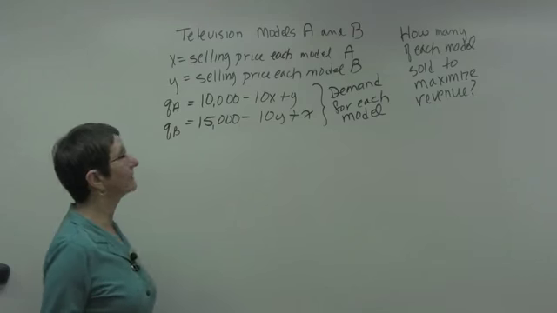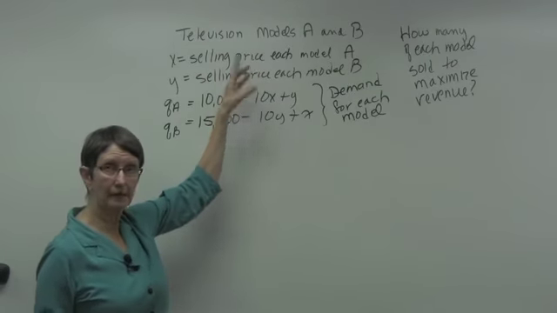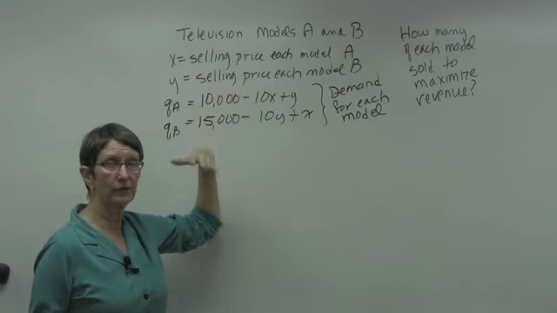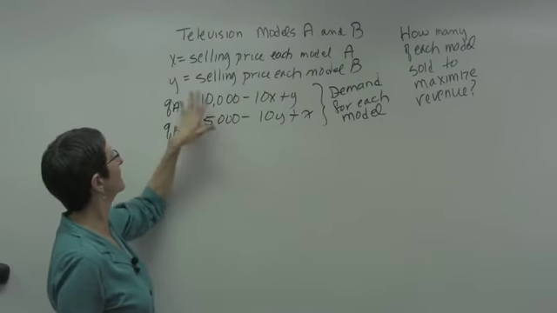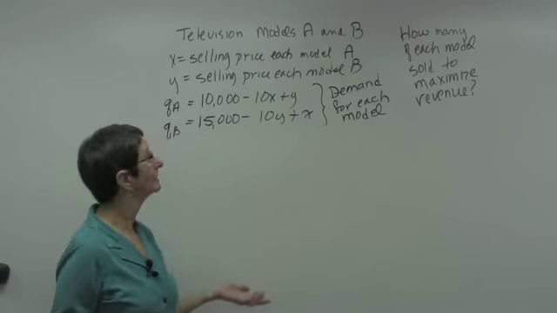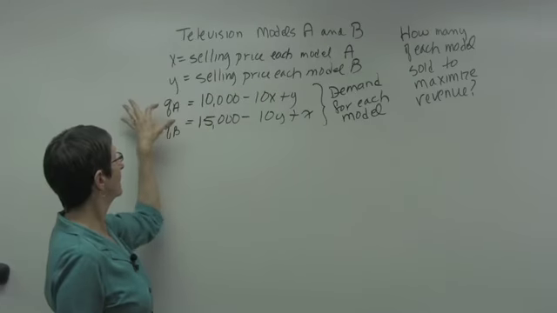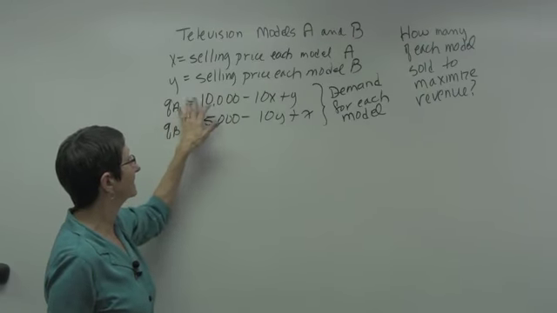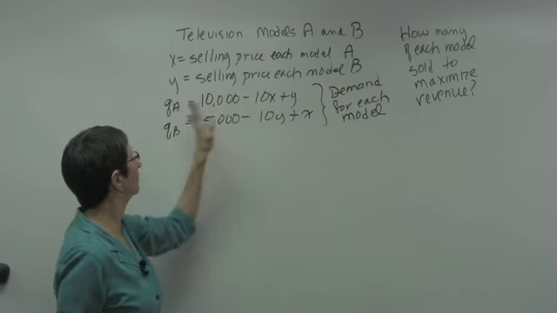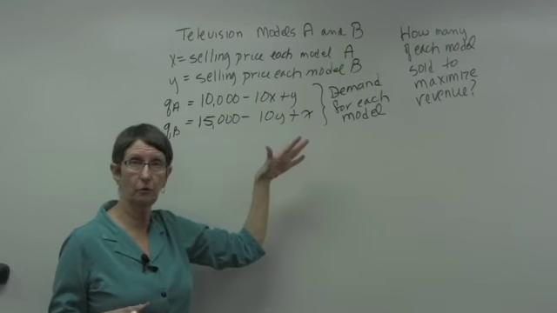In this problem, we have a company that sells televisions. They have two models that we're looking at, Model A and Model B. X is the selling price for each Model A television set. Y is the selling price for each Model B television set. And we're given demand equations for each model, so that Q sub A is the demand in terms of the selling price of both, but it's the demand for Model A based on how much both are selling for.